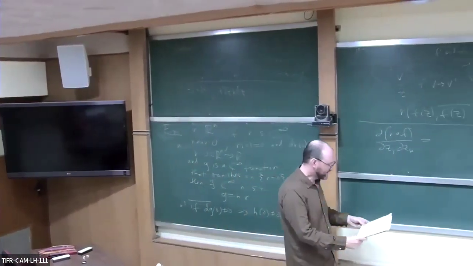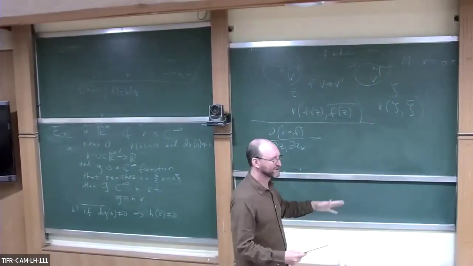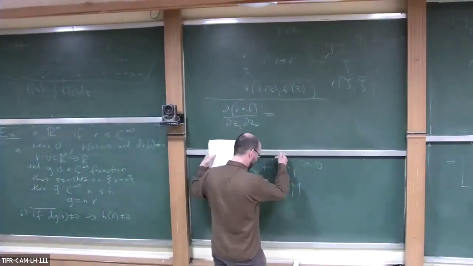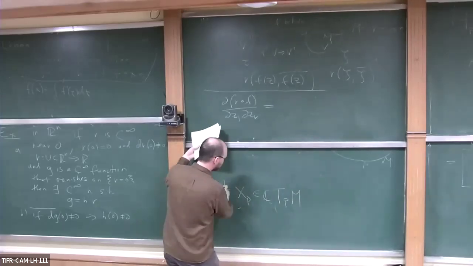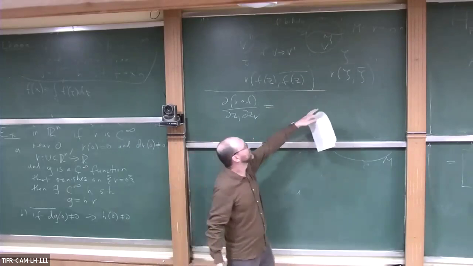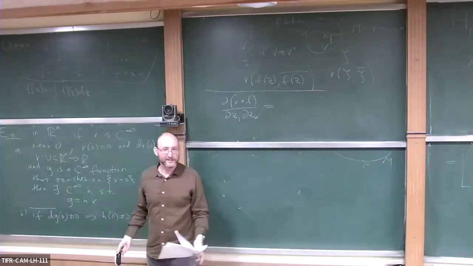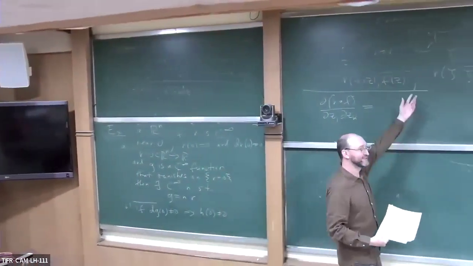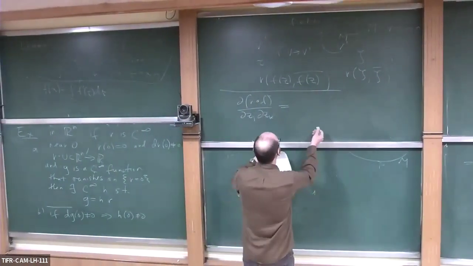Let me avoid writing where I'm evaluating things because that's just going to make it more complicated, because we have to do two derivatives, right? But it's just the chain rule, and the useful thing about writing a smooth function as a function of zeta and zeta bar is that it tells you how to apply the chain rule, right? It is exactly as if these were independent variables, right? So that's how we're applying the chain rule.